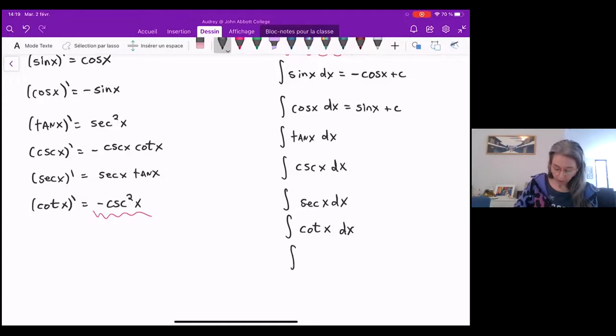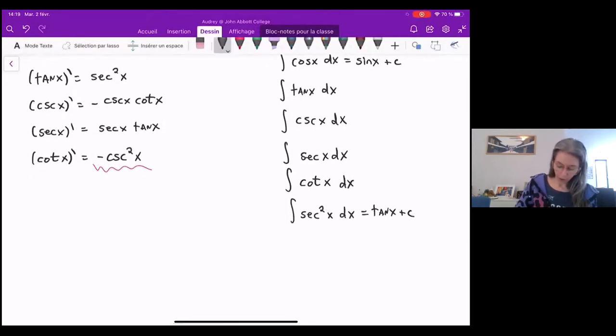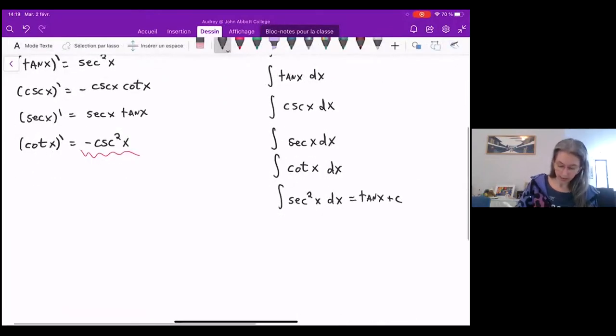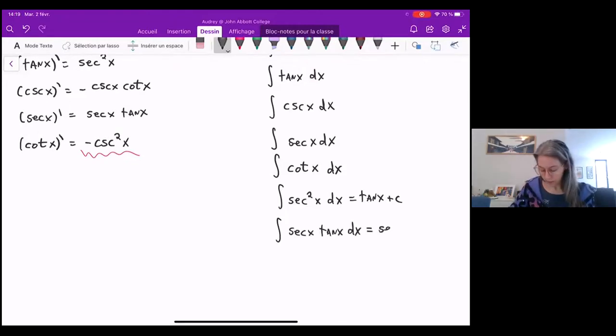So for example, if I were to ask you what is the integral or the antiderivative of secant squared x, well, secant squared x is the derivative of tangent x. So this will be tangent x plus a constant. The integral of secant x tangent x, well, that's the derivative of secant x.